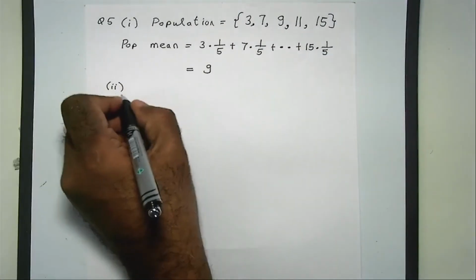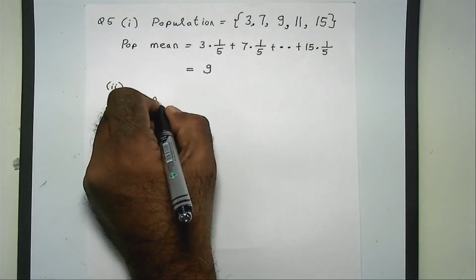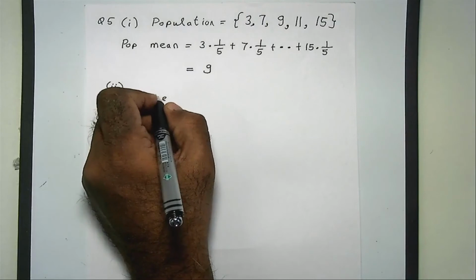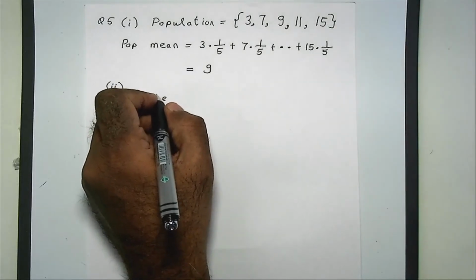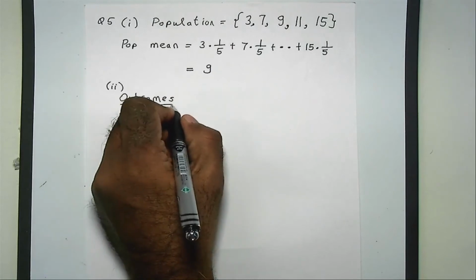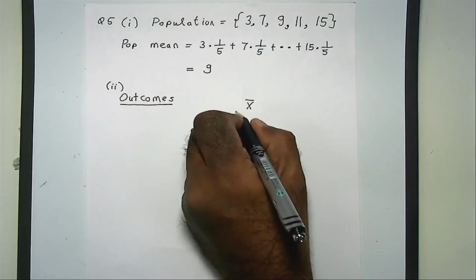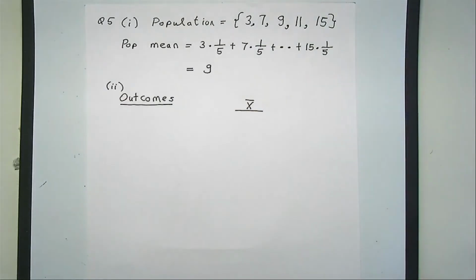So I'm going to create a table with two columns. The first column is the outcomes, and the second column is the values for X bar. X bar is the average of the 3 numbers you are choosing, X1, X2, X3. Right?